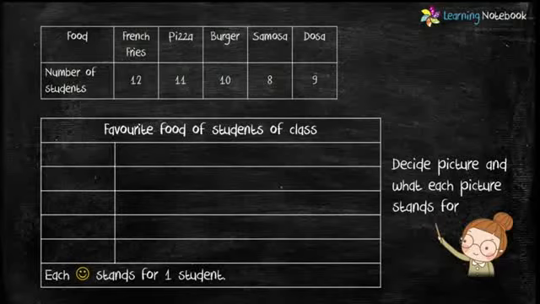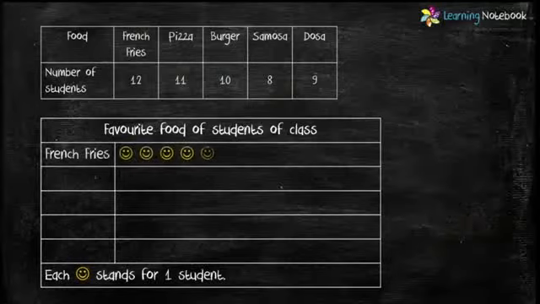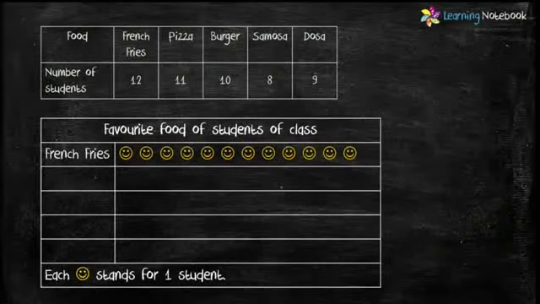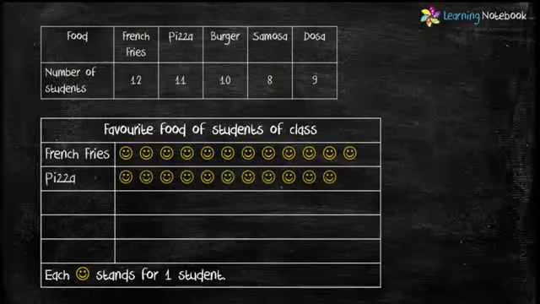Now let's represent number of students who like French fries on pictograph. Number of students who like French fries is 12. Therefore, draw 12 smileys which represent 12 students. Now, in the same way, let's represent number of students who like pizza on pictograph.